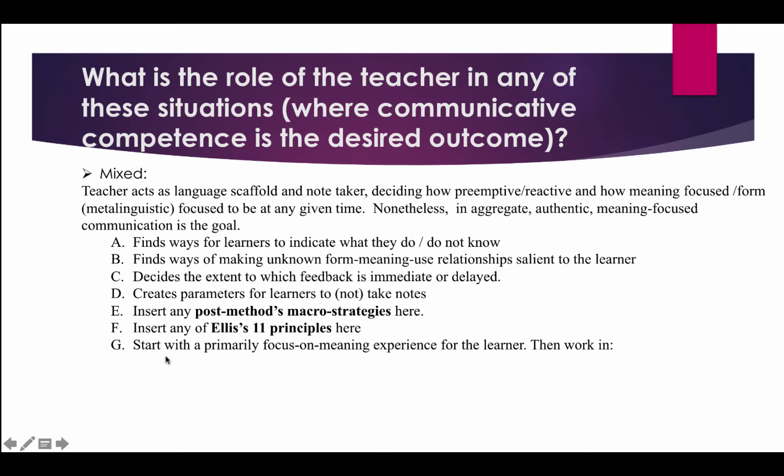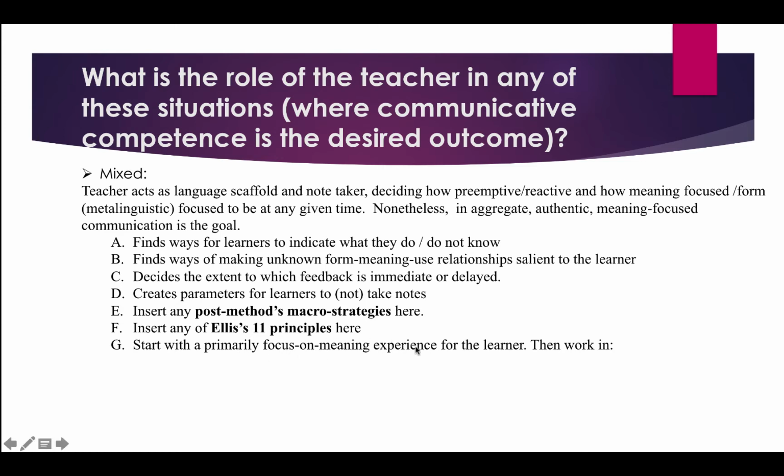Just to reiterate, what's important is that I start with a primarily meaning-focused experience for the learner. So consistent with Roy Lister's content-based language teaching, he says there is a focus on the content, on the meaning phase, and then there is a specific phase for language issues, and then return back to the content and meaning-focused phase, okay?